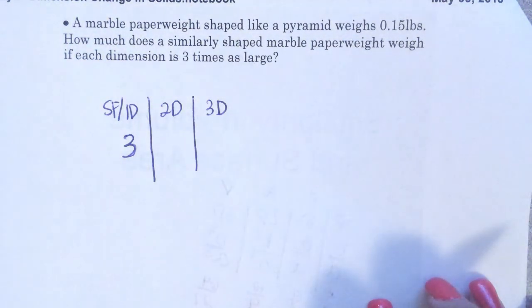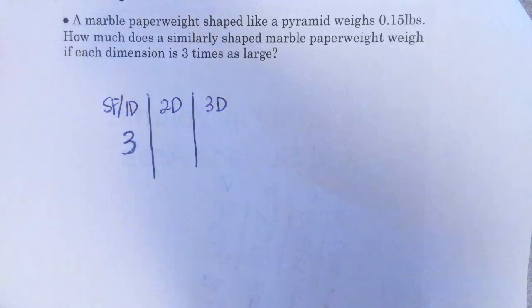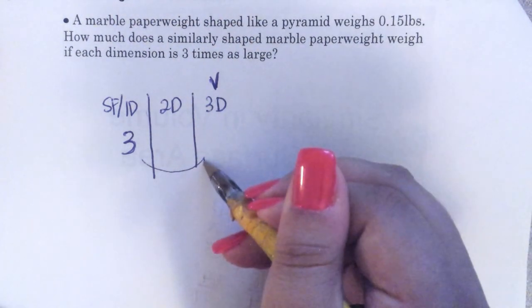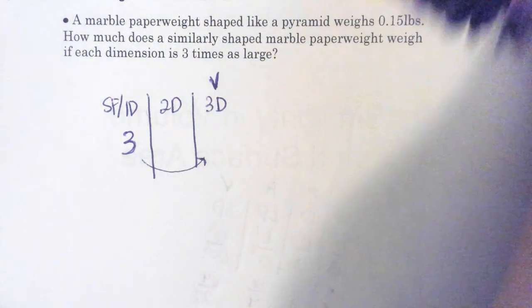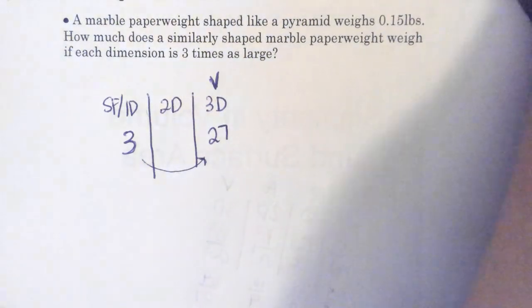What do I want to know? If it's weighing, what dimension is that? That's 3D, that's my volume. So what am I going to do from here to here? Cube it. When I cube it, what am I going to get? 27.